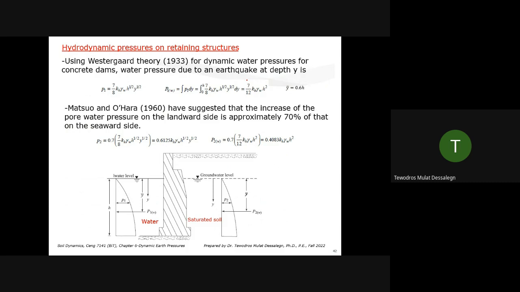The full dynamic behavior of this retaining structure may not be represented by a single acceleration. People try to be more conservative, but you have seen it in the slope case. Even if they design it for a factor of safety of more than 1, failure is still observed because it's so complicated to do with a simplified version.